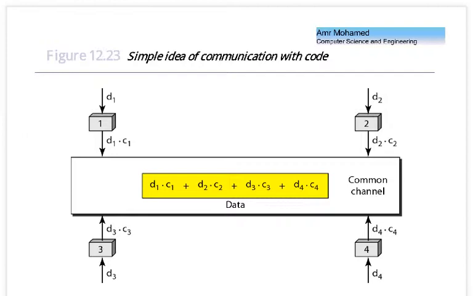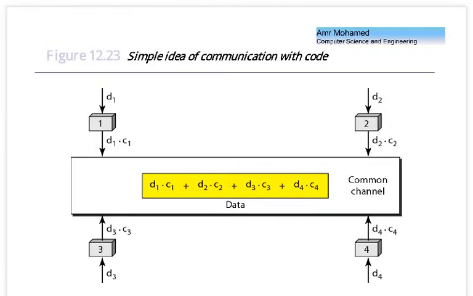And if you multiply a code by itself, the result will be maximum. Which means that a code is highly correlated with itself, and it's not correlated with any other code. These are the two properties that have to exist in all these codes in order for me to be able to extract any of this data from the composite signal. And we'll see how this is done.